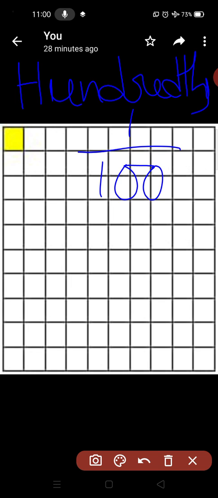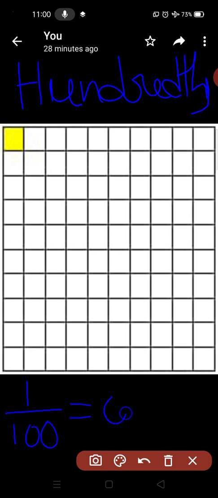When each 1/10th part of the tenths grid is further divided into 10 equal parts, the whole square gets divided into 100 equal parts here. Now here 1 is shaded out of 100. Then how can you denote it by a fraction? Simply it is 1 out of 100, 1 by 100, or else 0.01.